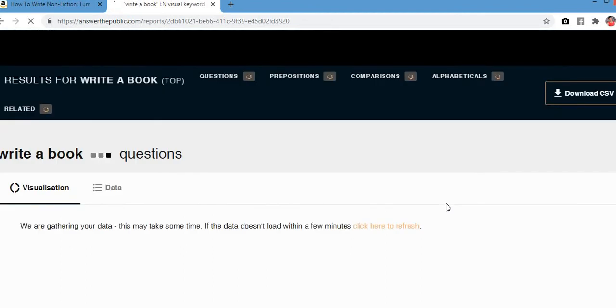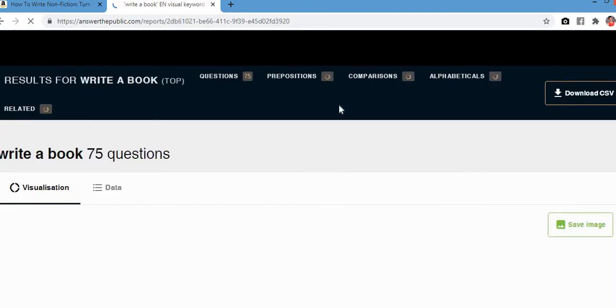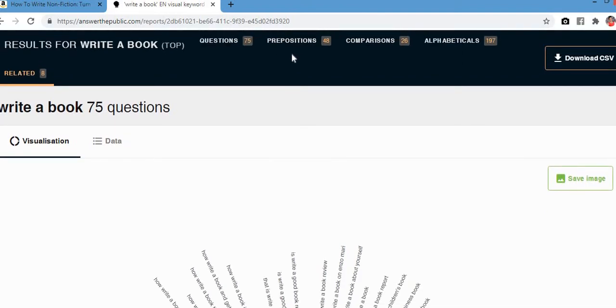It's coming up. It's going to show you the questions that they ask, the prepositions they use, how they phrase the keywords. This also gives you an idea of keywords that you should use, and ideas of topics and content that you should put into your chapters, comparisons in alphabetical orders, everything.